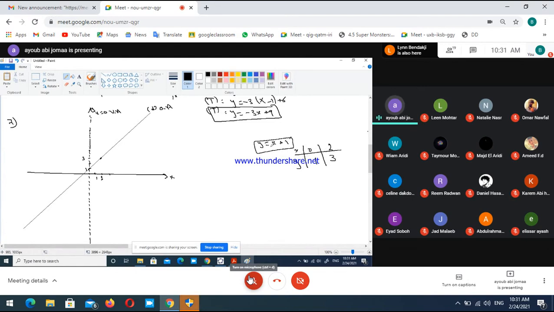If x equals 0, then y equals 0 plus 1, which is 1. If x equals 2, 2 plus 1, 3. You plot these 2 points, 0, 1 and 2, 3, and join them.